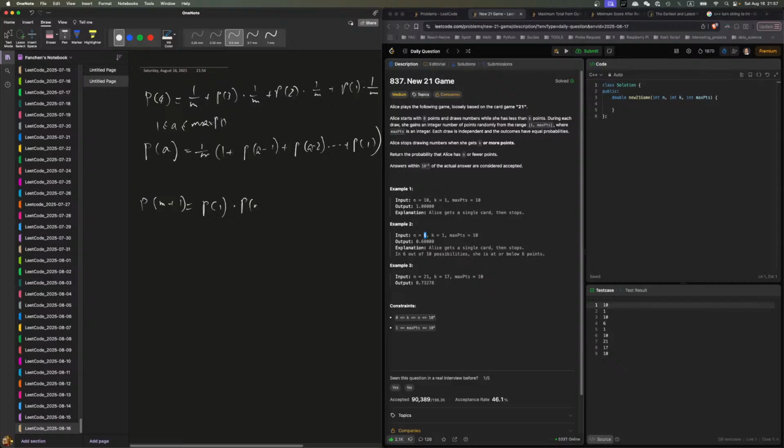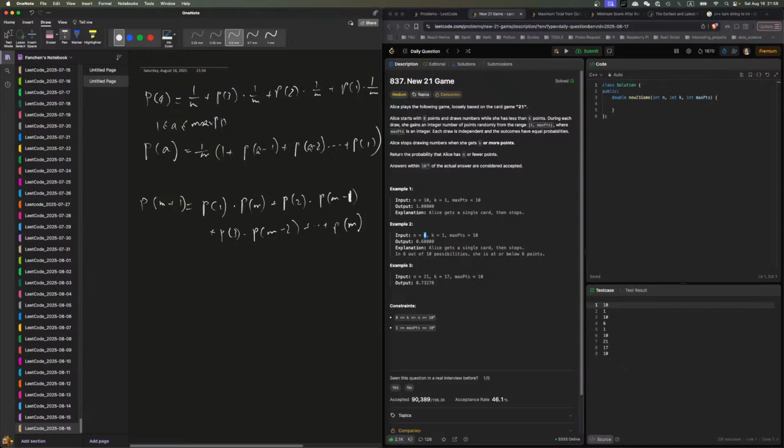So it'll be PM. Or we roll a P2, then PM minus 2. Or we roll a P3, then actually minus 1 and minus 2. Alright, so we roll this all the way to P maximum.